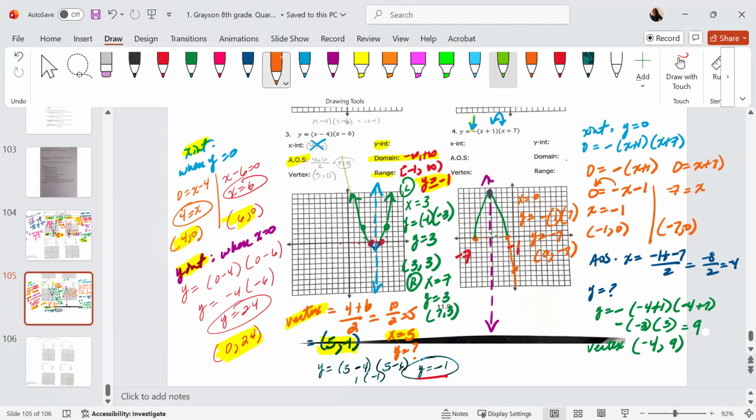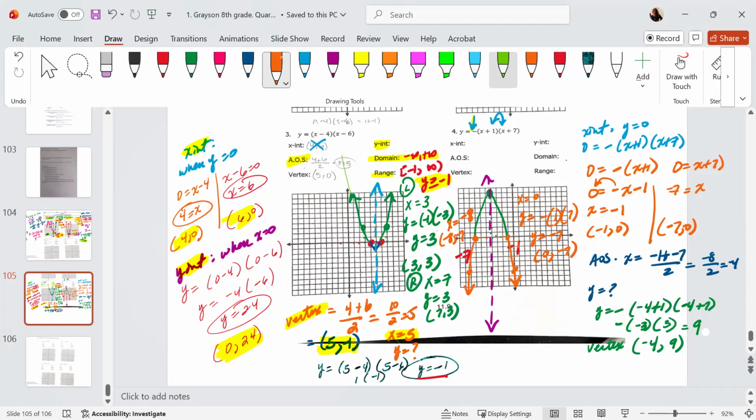So this point goes all the way here, correct? On the other side of negative 7, x equals negative 8, correct? So that'll be negative 8 comma negative 7. So this one goes all the way down to here, like that. Does that make sense?